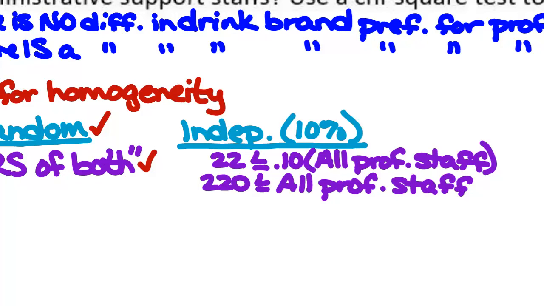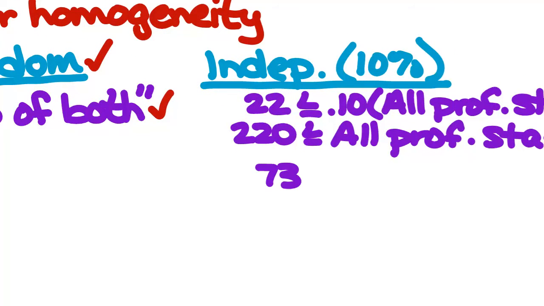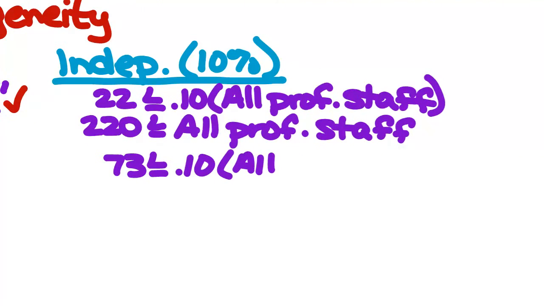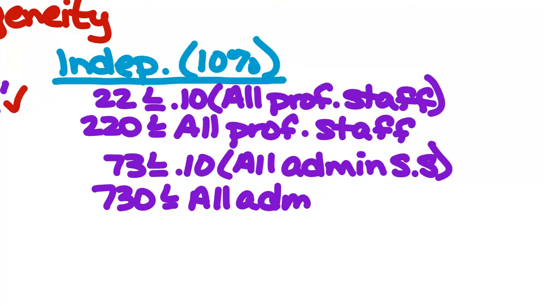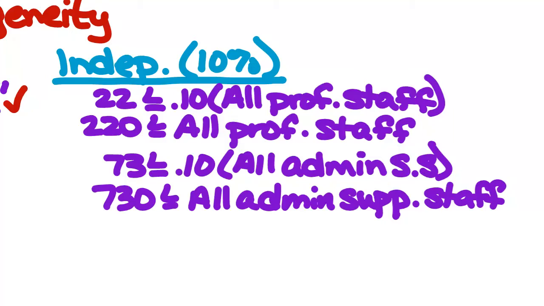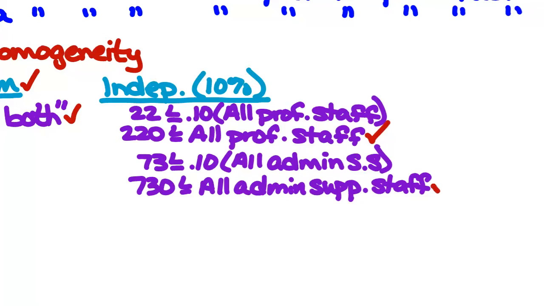And how many admin support staff? 73. So 73 has to be less than or equal to 10% of all admin support staff. So there has to be at least 730 admin support staff. It says this is a large company, so I feel like those are safe assumptions to make.